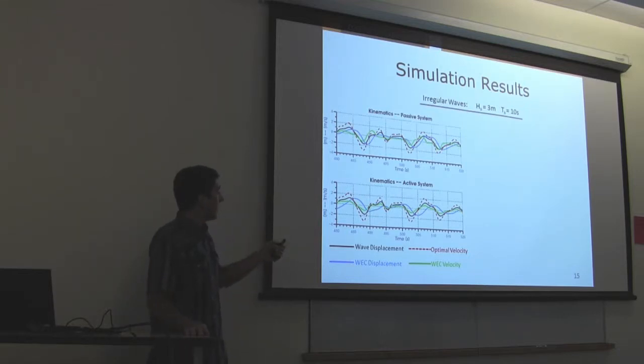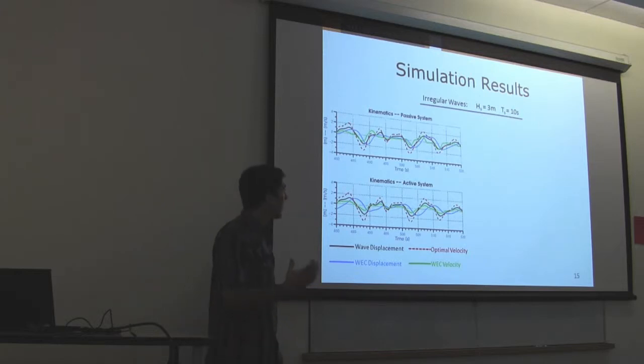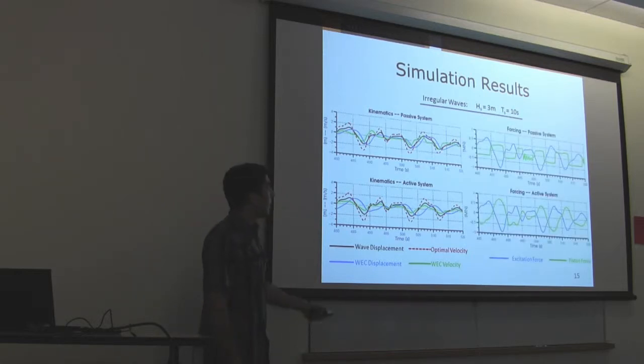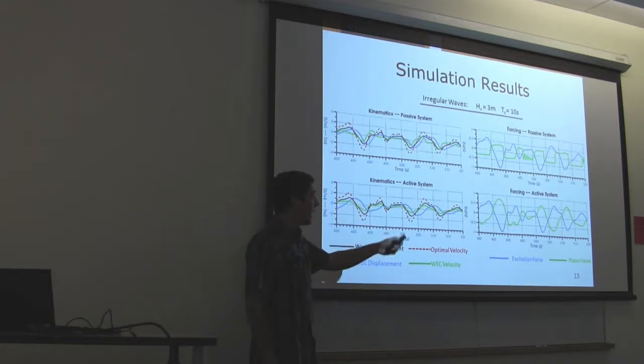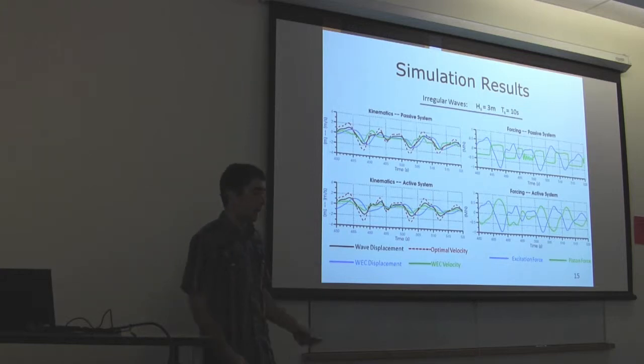We see the active system is following this, it's at least in phase with this optimal velocity, whereas the passive system at some points can get out of phase, and at some points it actually stalls out when there's not enough excitation force. And again, we can see the square wave nature of that forcing profile compared to higher peaks and smoother profile for the active system.